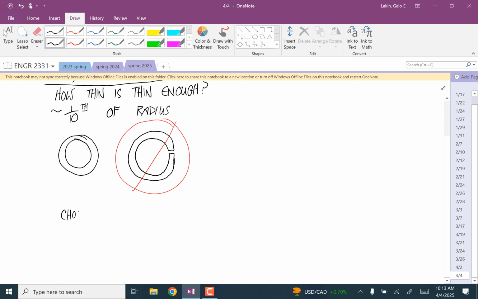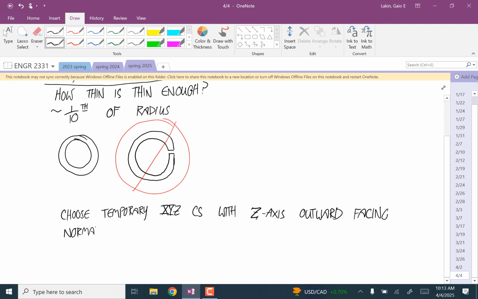So we're going to choose our temporary capital X, Y, Z coordinate system with the capital Z axis an outward facing normal at the desired location.